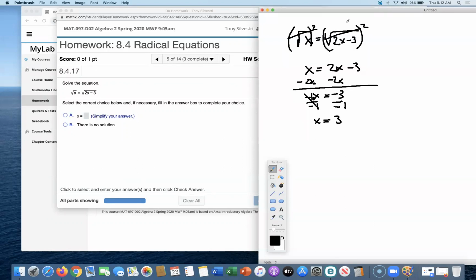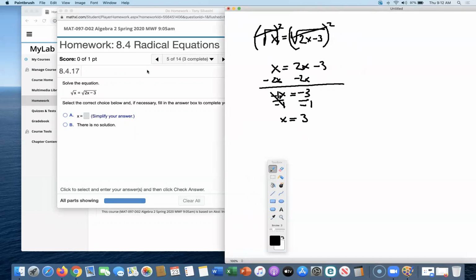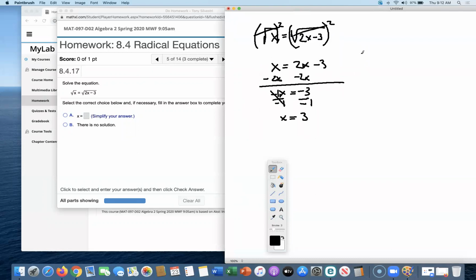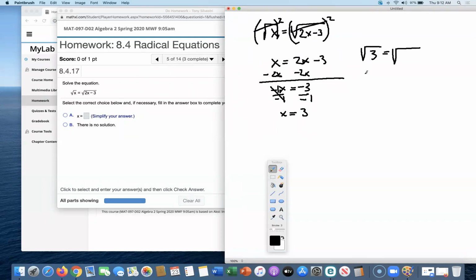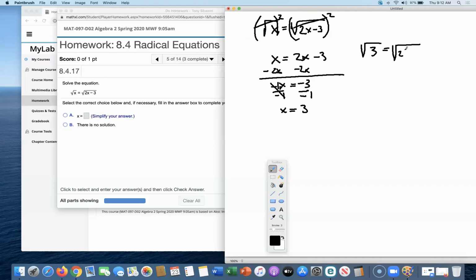Now before we say 3, because you'll always see this, there may be no solution in these problems. Let's take the original problem and plug in a 3. I get 3 on that side, and square root of 2 times 3 minus 3.